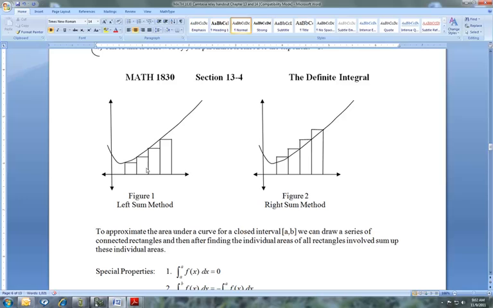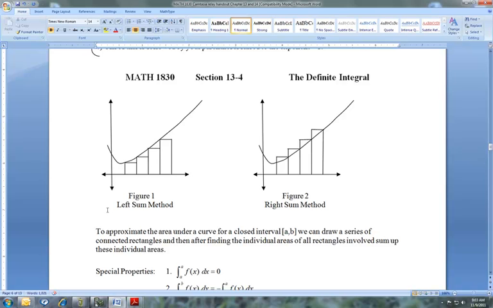The left sum under approximated, but a lot of times when we do problems using rectangles, I'll do both of these methods and then add them together and get an average, because what's over here pretty much fills in the blank spot here, and it gives me a very good approximation.